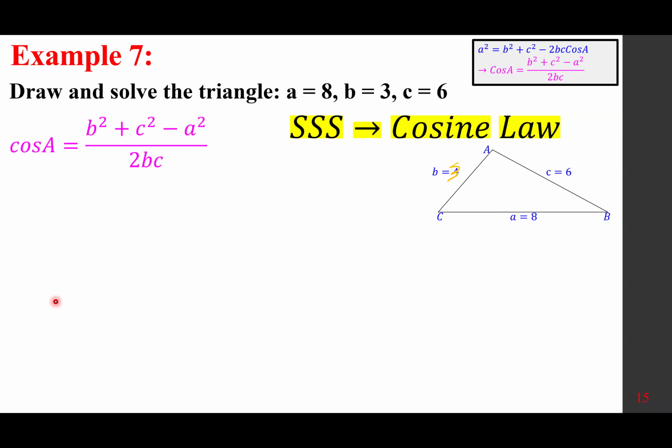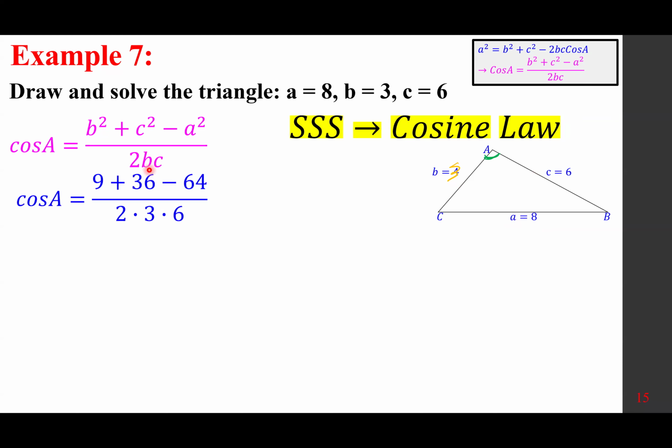So this one is B squared, 3 squared, or 9, C squared, 6 squared, or 36, minus A squared, or 64, over 2 times B times C, 2 times 3 times 6.